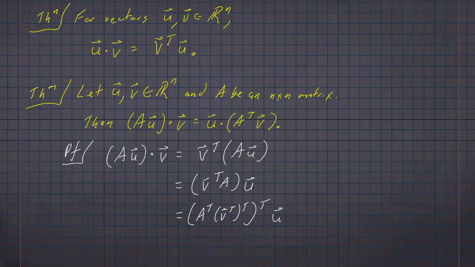So it's listed backwards of how we proved it, but if you have A transpose times v transpose transpose, and you want to take the transpose of the whole thing, well, then you would undo taking the transpose here and switch the order of multiplication. And of course, v transpose transpose is just v.